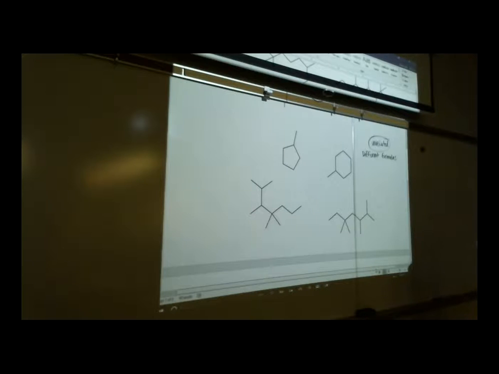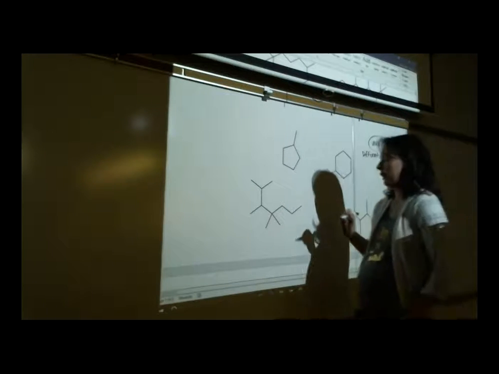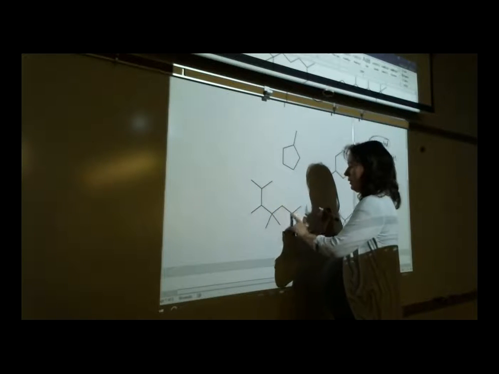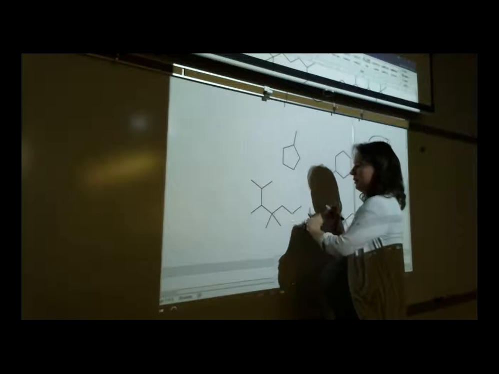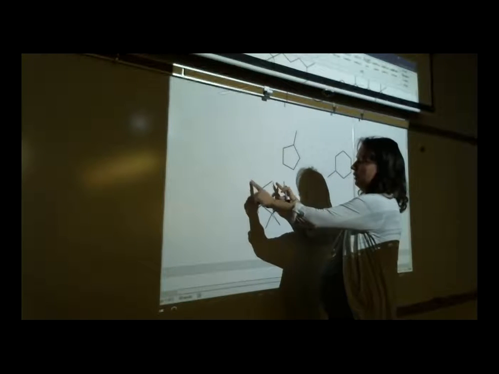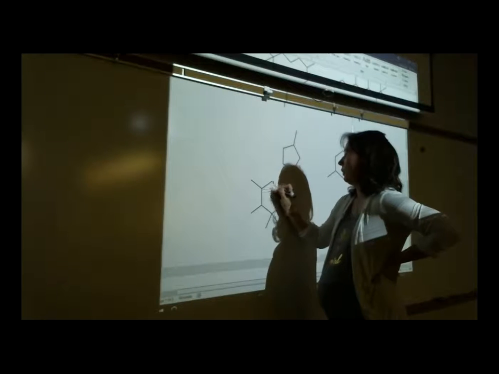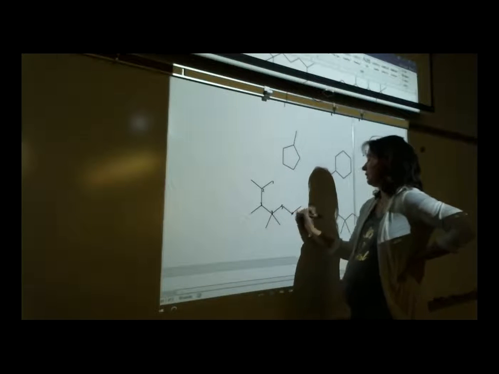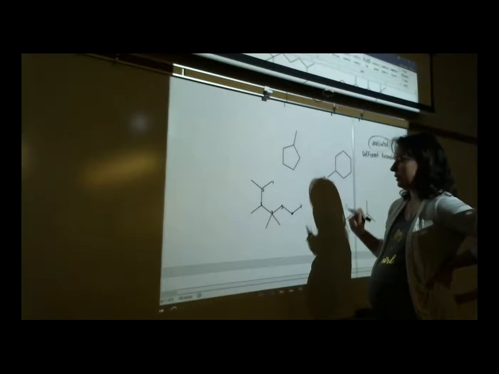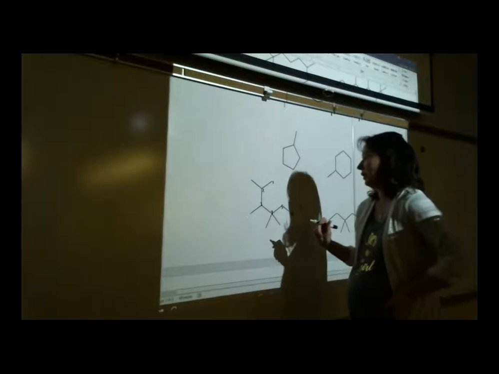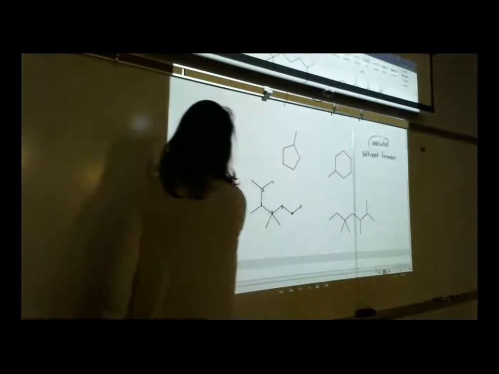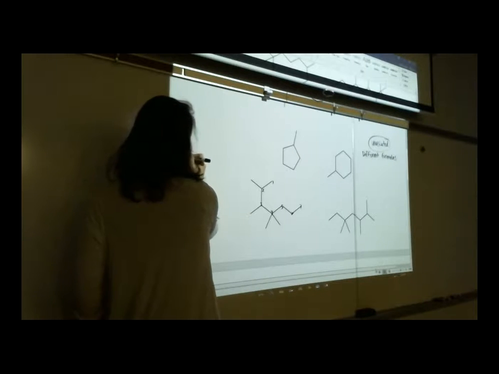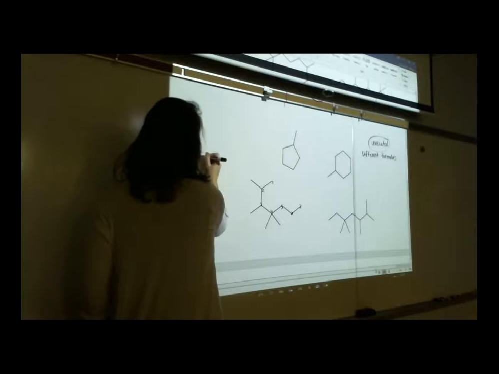Last pair we need to look at. Let's figure out our carbons. 1, 2, 3, 4, 5, 6, 7. 1, 2, 3, 4, 5, 6. So we're going to go this direction. Now we can pick either one of these as carbon number 1. 1, 2, 3, 4, 5, 6, 7. Nothing crazy going on in terms of substituents. This is just what? 2, 3, 4, what?